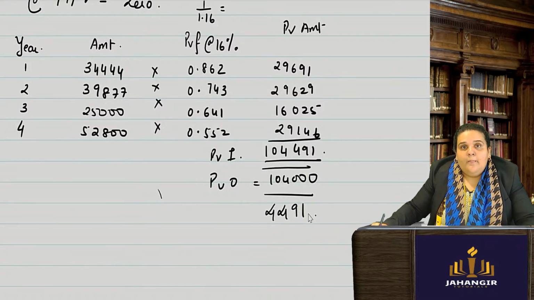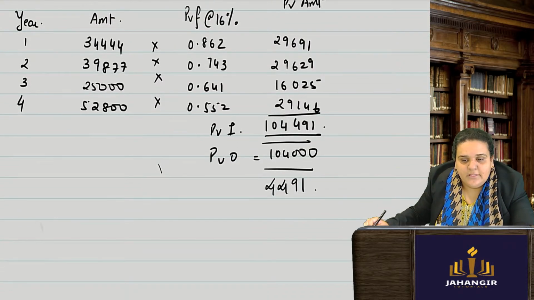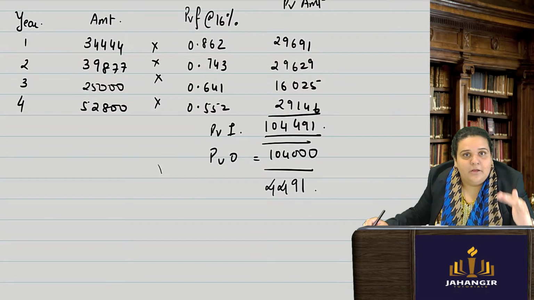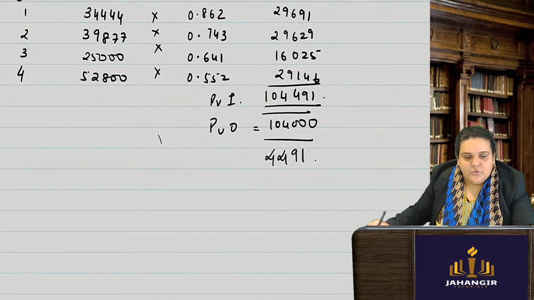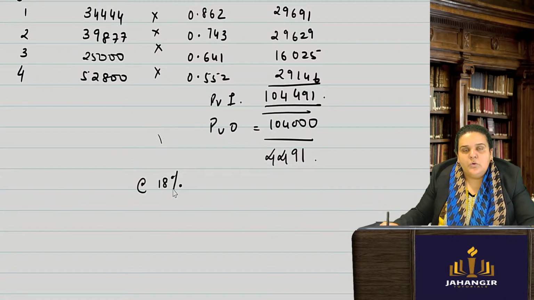That means I'll have to use a higher PV factor. Only if I use a higher PV factor will my PV inflow and NPV amount come down. So try to take 18%, just go two PV factors above.